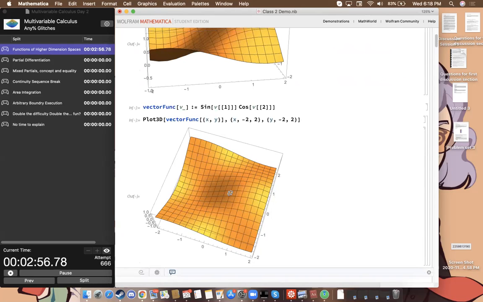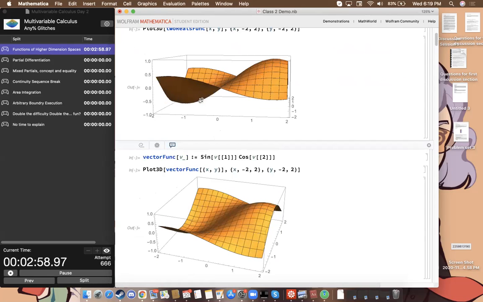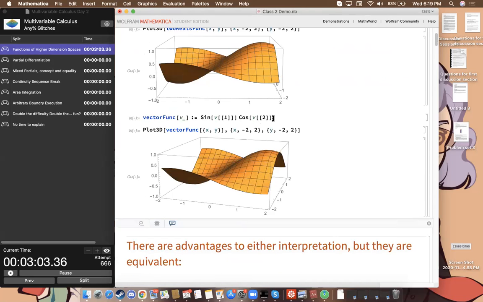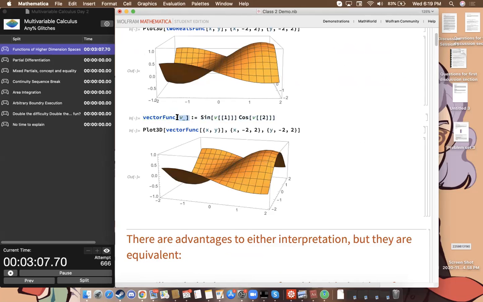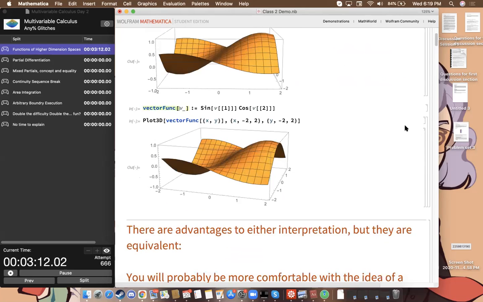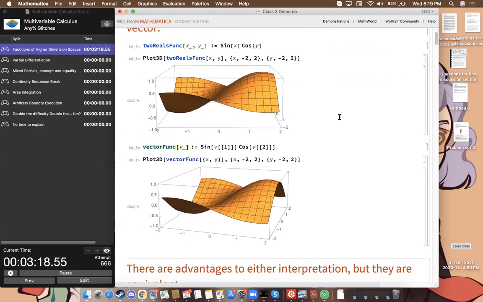And as hopefully you can see looking at the 2 of them, these are the exact same shape. This is the exact same function. I'm just thinking about the input space a little bit differently in the 2 cases. And there are advantages to doing it in either way that one should bear in mind.